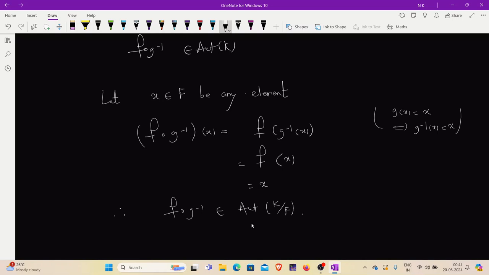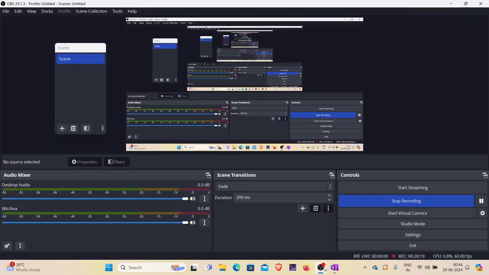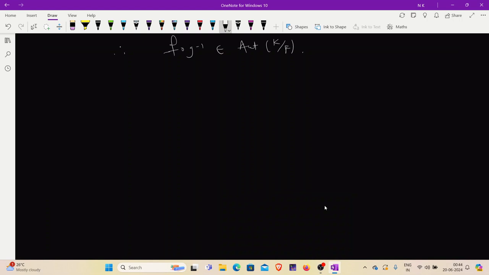Now let me just go through an example of how you can find automorphisms of K over F. For that I will go through two examples. So let me go through the first example. I will take the field Q root 2, right?